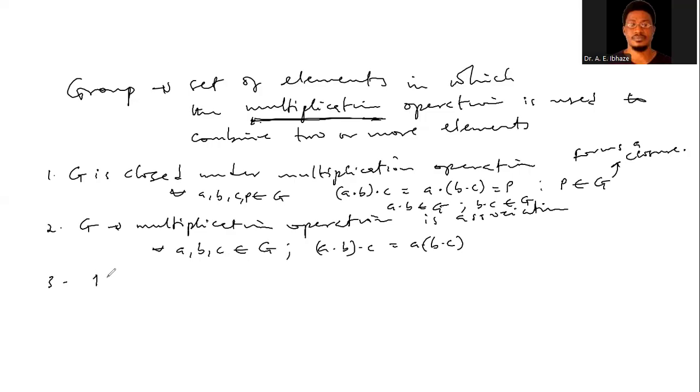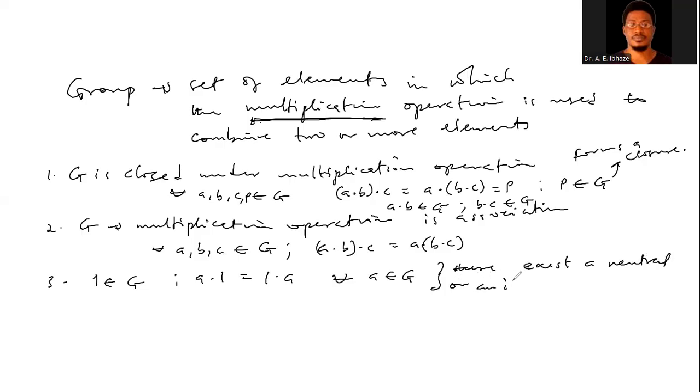In that, if 1 is an element of G, then A times 1 will be the same as 1 times A, for all A also being an element of G. So it means that there exists an identity or neutral element in G where 1 is the neutral element for multiplication operation.